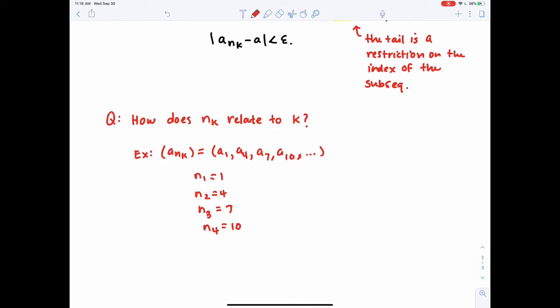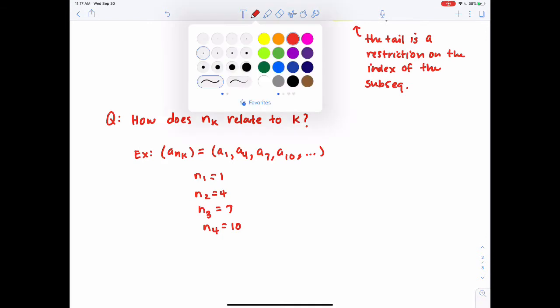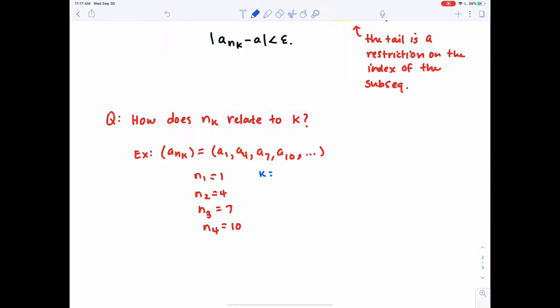So notice when I look at these, here k is 1, whereas n_k is equal to 1 as well. Here I have k is 2, because I'm talking about n_2, so that's where I'm getting k equals 2 from, and then here k is 3. And then this last one, k is 4. And so when I'm asking how does n_k relate to k, I'm asking you to compare the values in this column with the values in this column.